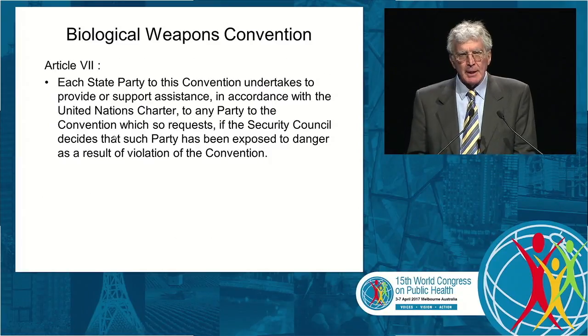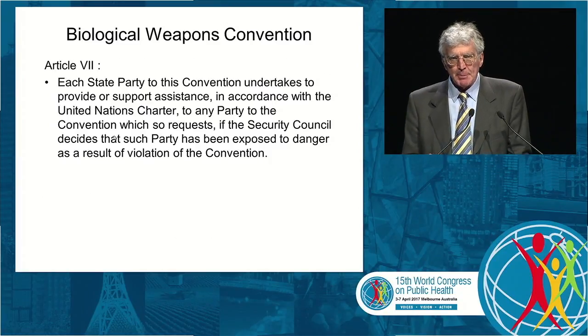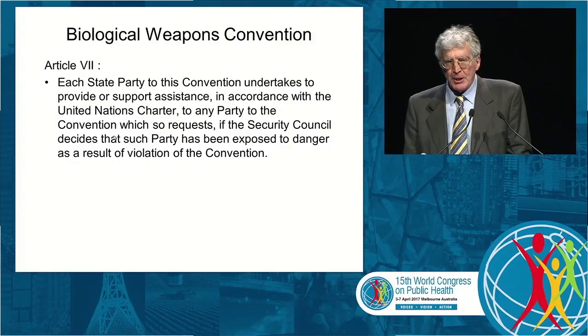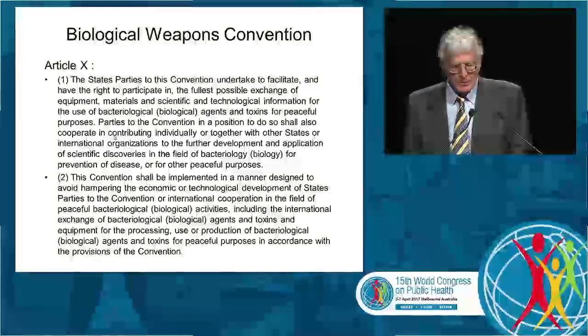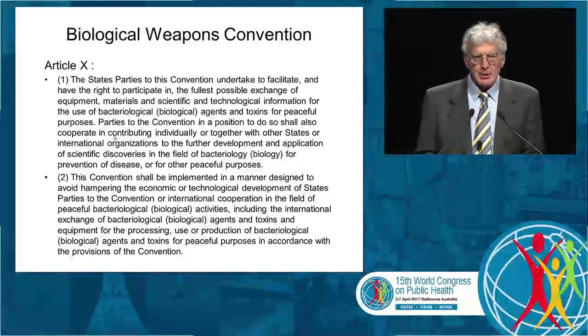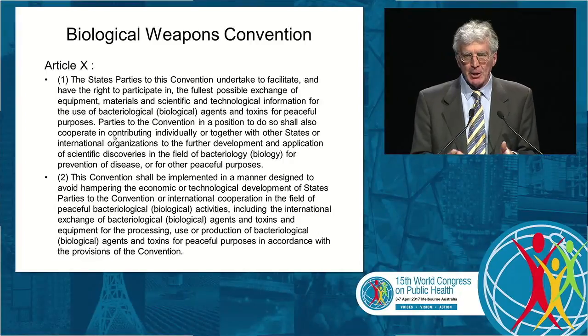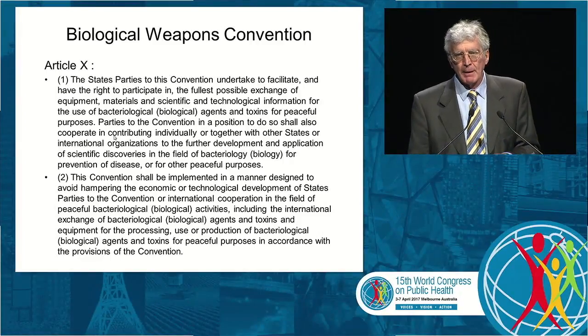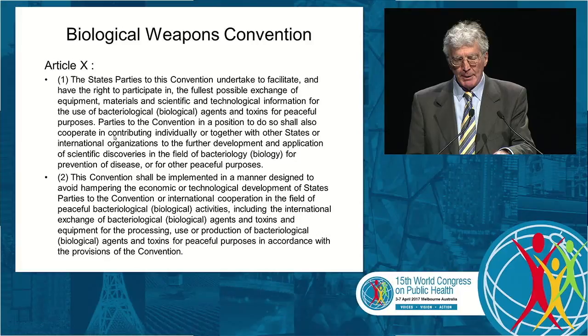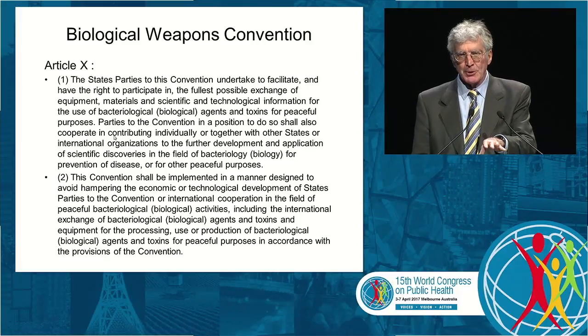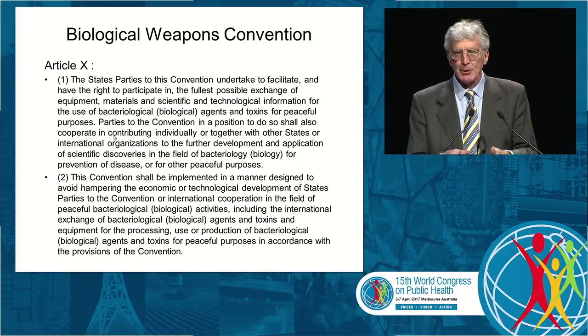Article 7, a provision on assisting states parties which have been attacked or threatened with attack by biological weapons. And Article 10, which is very long, but essentially it discusses international cooperation to share information on biology for peaceful purposes. And that takes about 100 or so words to say, but that's essentially what Article 10 is all about.